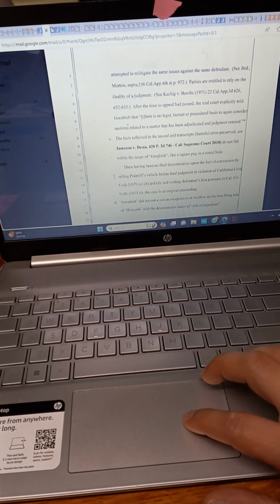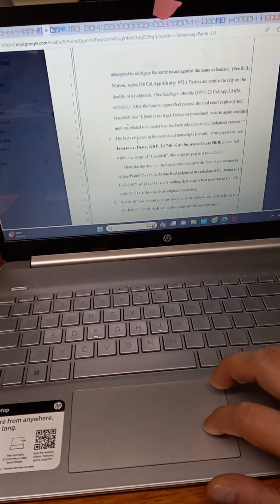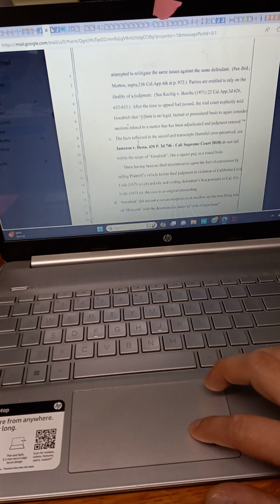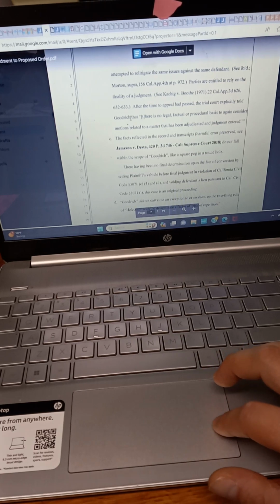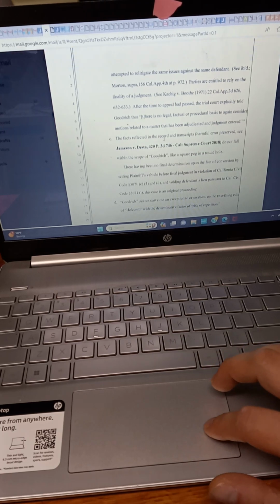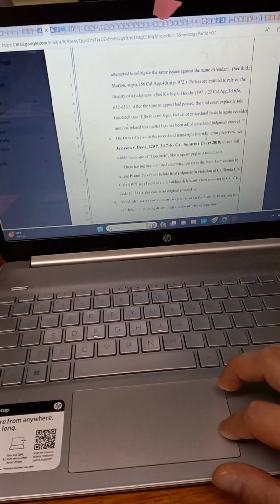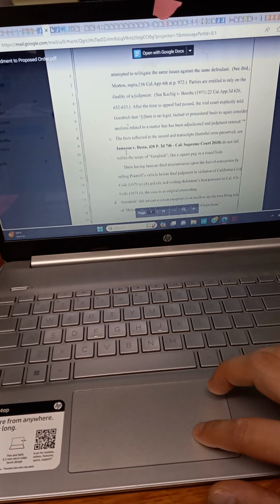The facts reflected in the record. So that was A and B, and this is C. The facts reflected in the record and transcripts. Harmful error preserved. C. Jamison v.